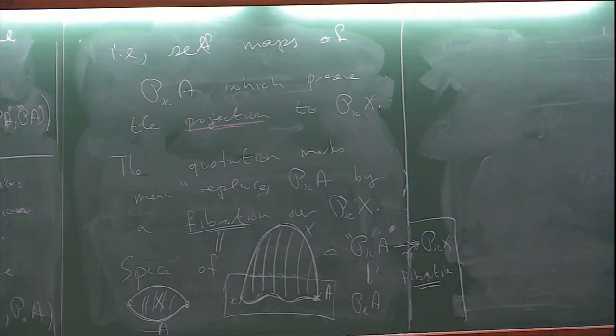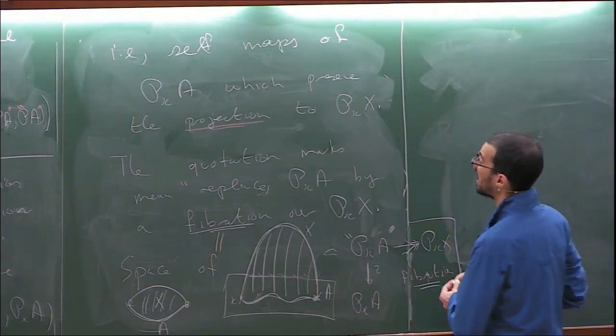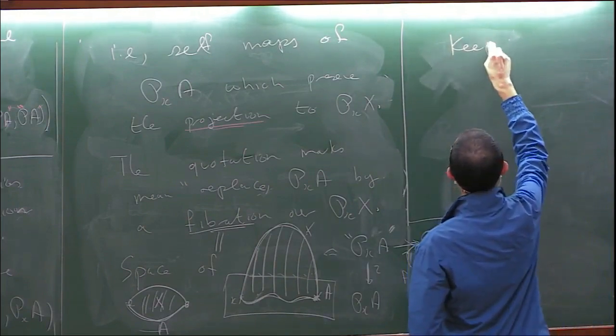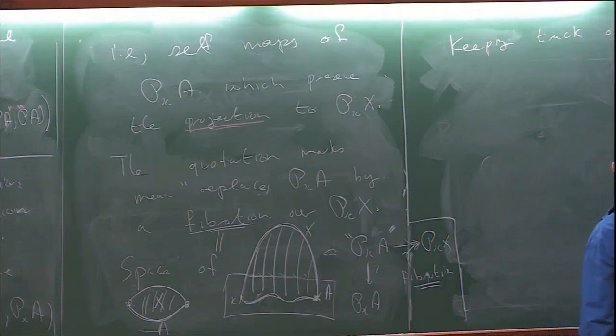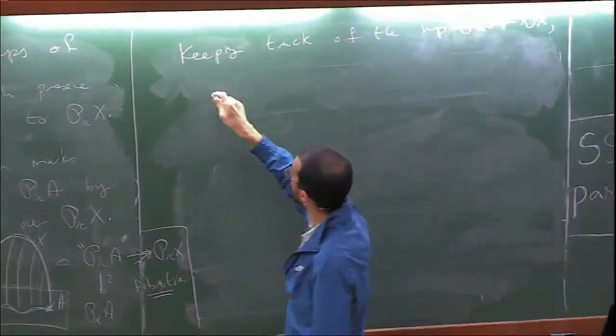You just have to keep track of these evaluation maps, keeping track of the map between paths on A and paths on X. The proof is the same as before.